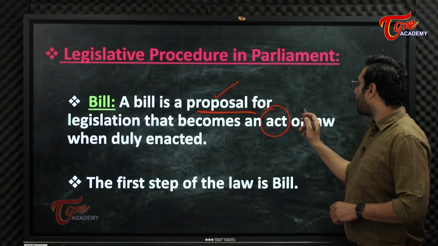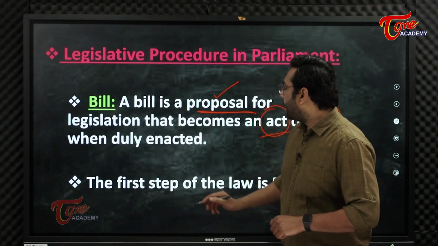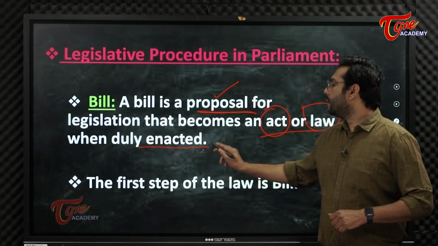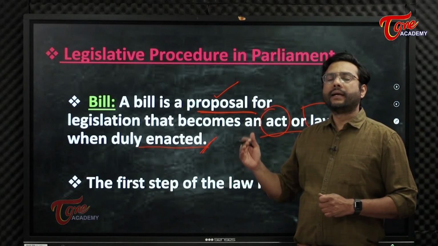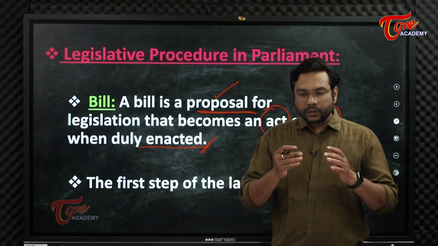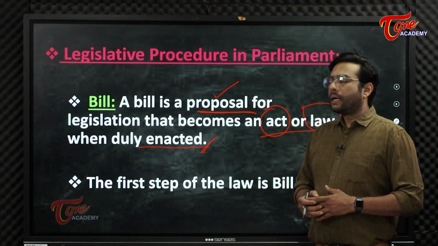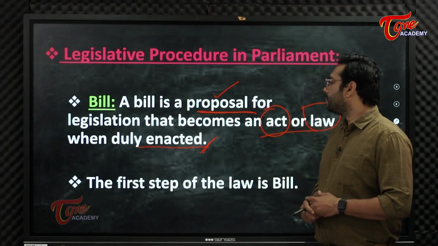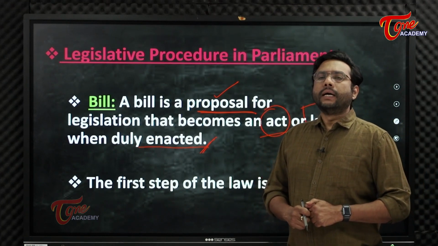When I say act or law, it's the same. It becomes an act which is duly enacted by passing all the procedures. So once it is duly enacted, in the sense that if both the houses pass the bill, then by the President's assent it becomes an act. So a bill is a proposal for legislation.